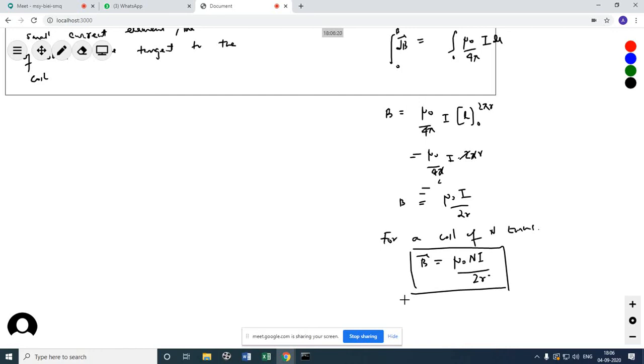Integration of dB. This is from 0 to total B, and this will be from how much?